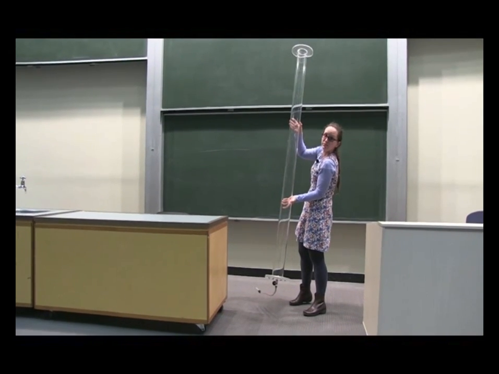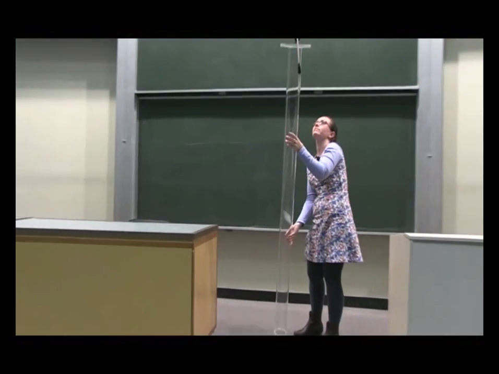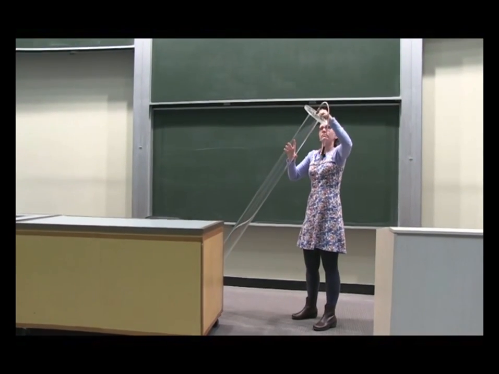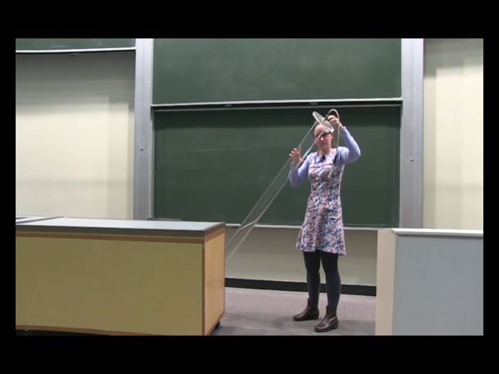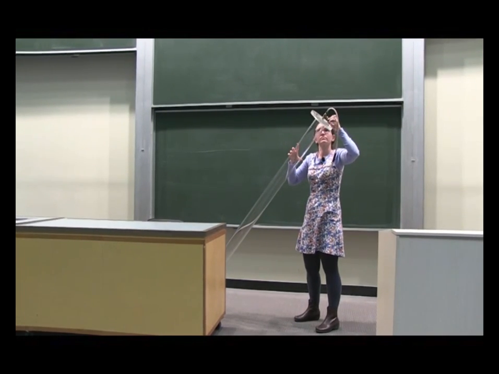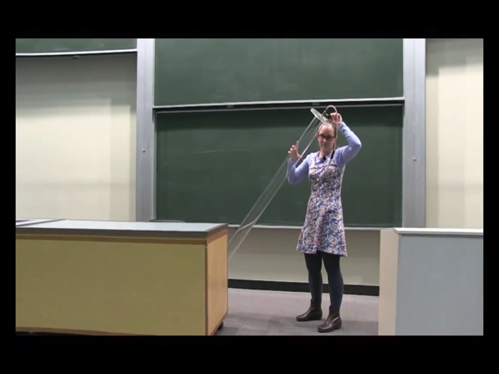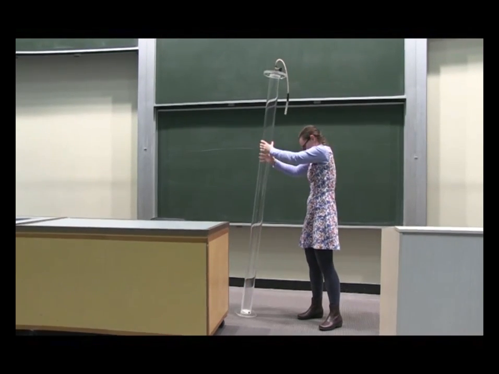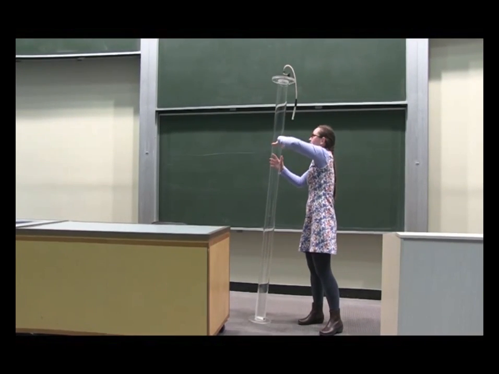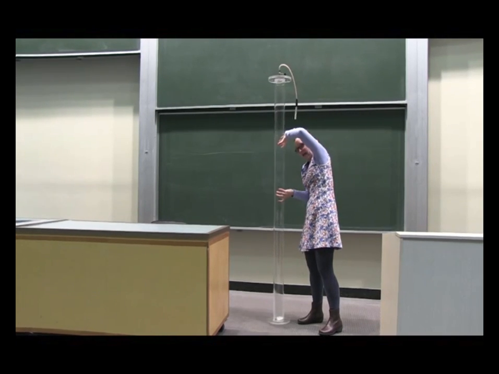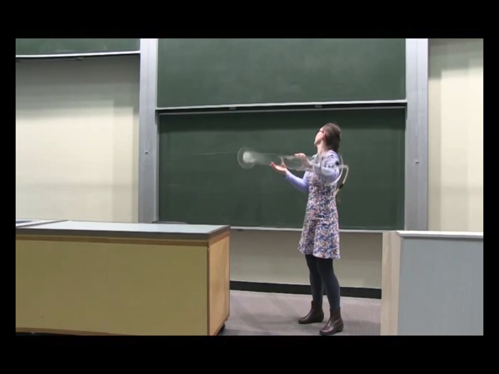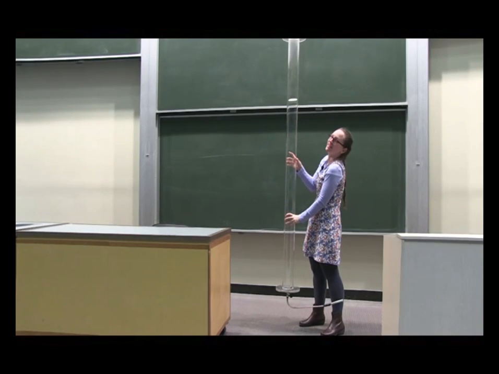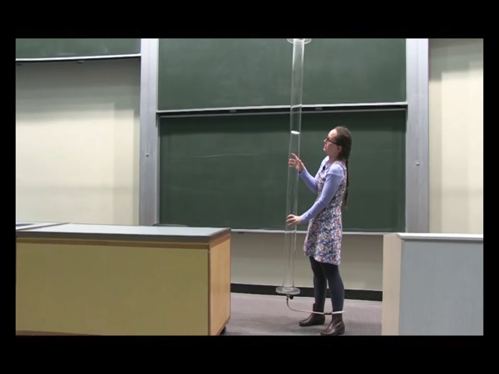Now what we'll do is we'll let the air in and see how that changes it. Okay, so now there's air in this tube. You can see now the patty case was a lot slower than the ball.